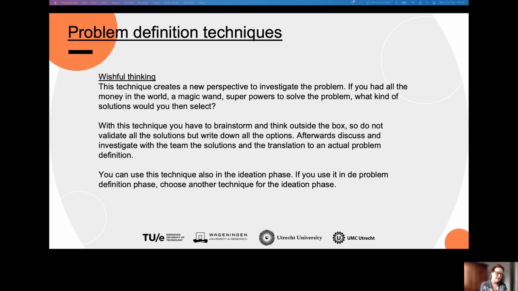And that is really the effect of this technique. So by thinking outside of the box, where you create all kinds of amazing solutions because you have those superpowers, you can really use those outside-of-the-box solutions by looking at your problem definition. So it's really a technique that you have to try. It's really fun also to do it in your team.